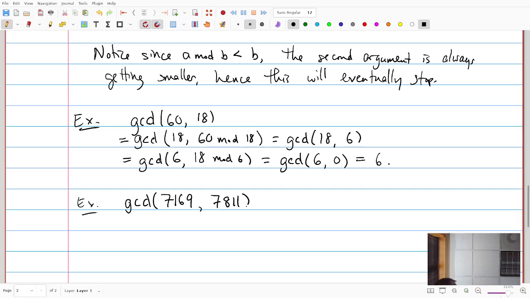I think those are the numbers in my notes here. All right, let's use the second rule. GCD of, the second number is 7811, and then here I have to put 7169 mod 7811. What is that?